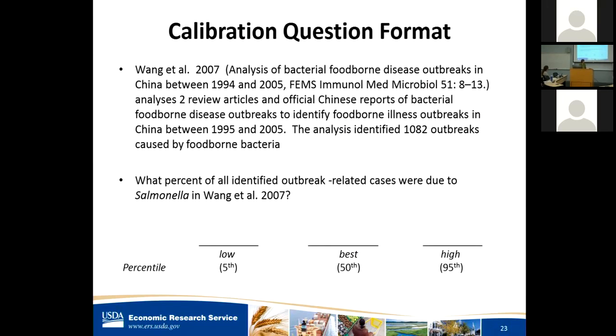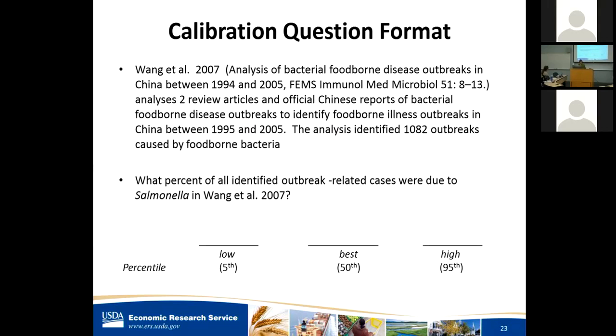That could have to do with your knowledge of salmonella and how it grows in foods. It could have to do with your knowledge of the likelihood that salmonella is an outbreak-associated pathogen, and it could have to do with your knowledge or lack of knowledge about conditions in China.